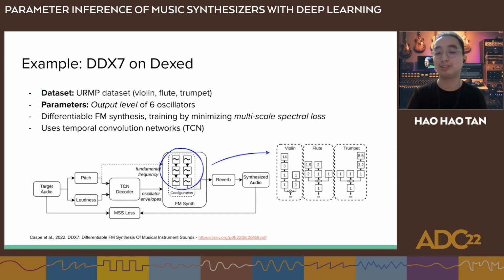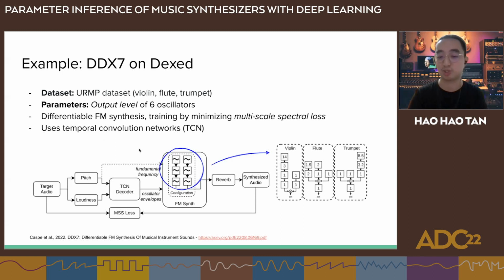What he wants to model is actually the output level of the 6 oscillators, basically the amplitude of each of these, and it can still shape the final sound. The dataset it trains on, you don't need any parameters either. You can just train on something called the URMP dataset, which consists of recordings of violin, flute, and trumpet. And how you train is basically what I mentioned just now.